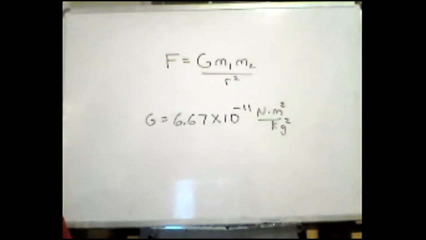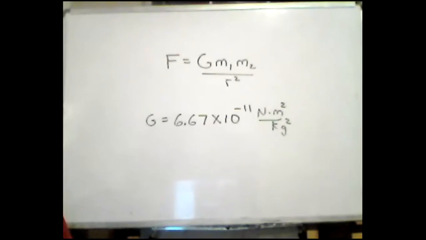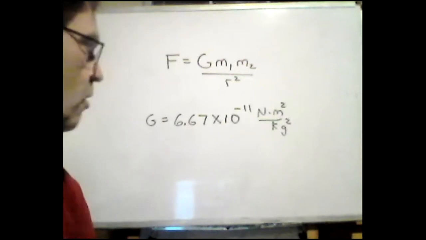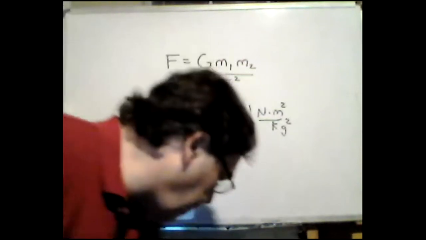The blue object is going to feel the force because of the gravitational attraction by the red object, and the red object is going to feel the force because of gravitational attraction by the blue object. What's the ratio of those two forces? Well, it's a mutual force.